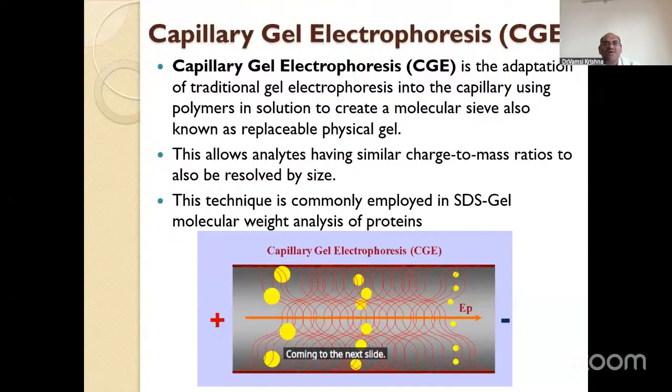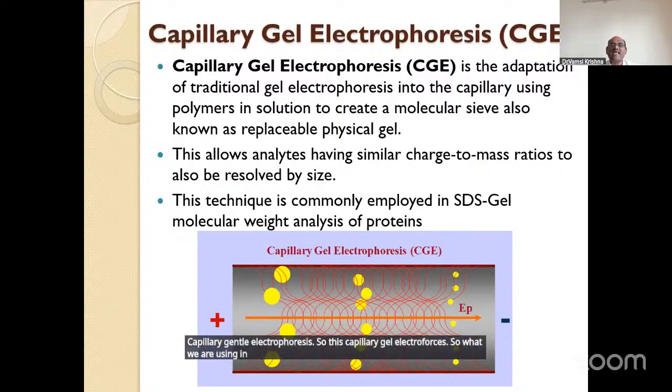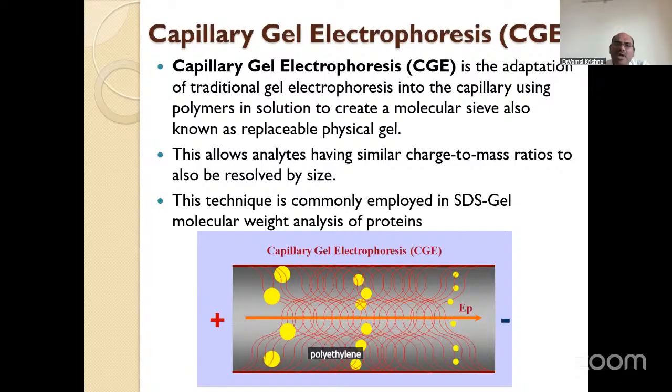capillary gel electrophoresis. In this capillary gel electrophoresis, we are using simple polymers like dextran, polyacrylamide, polyethylene glycol, or polyethylene oxide, polymeric gel substances that are all water soluble.